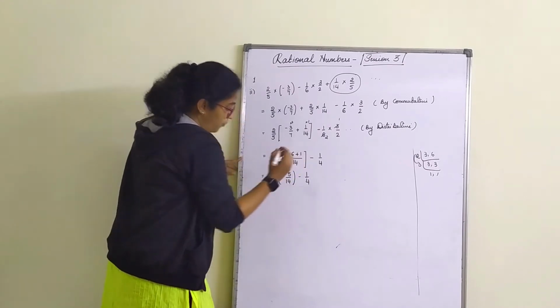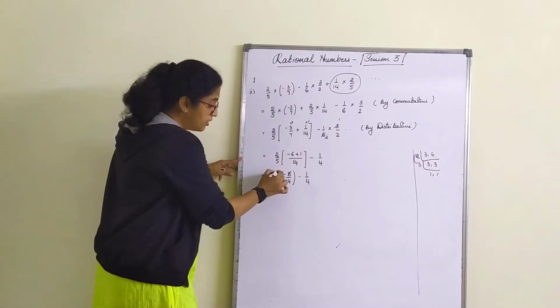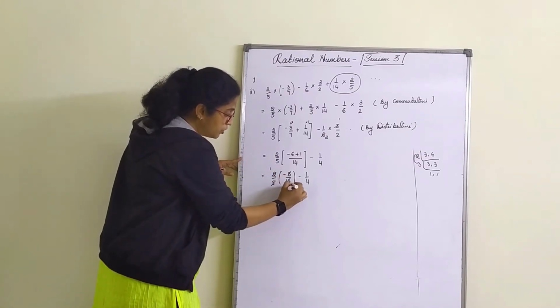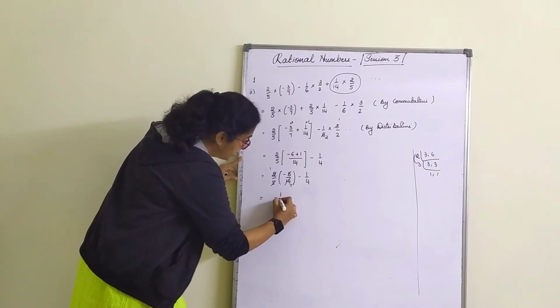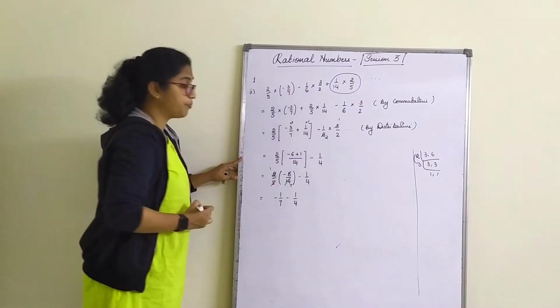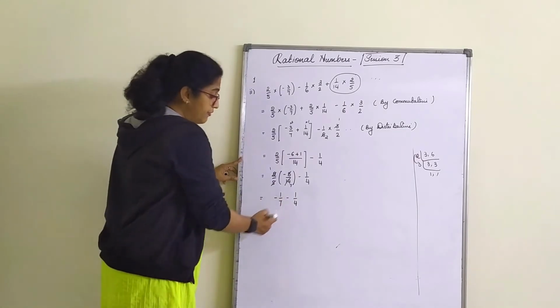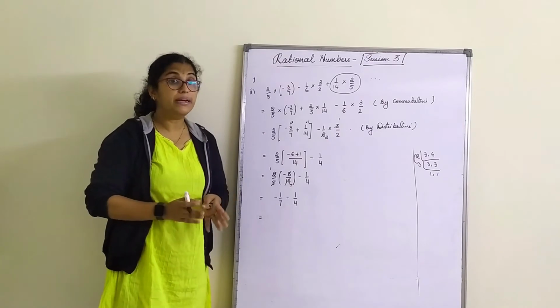1 by 4. You can cancel 5 and 5. Minus will remain. 2 1s are 2, 2 7s are 14. So what will remain here? Minus 1 by 7 minus 1 by 4. Is that right? 7 and 4 LCM is, now see here, 7 and 4 have no common terms in them.